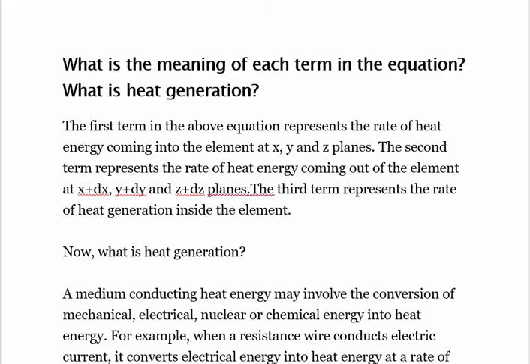The second term represents the rate of heat energy coming out of the element at the x plus dx, y plus dy and z plus dz planes. The third term represents the rate of heat generation inside the element. Let's discuss now what heat generation is.